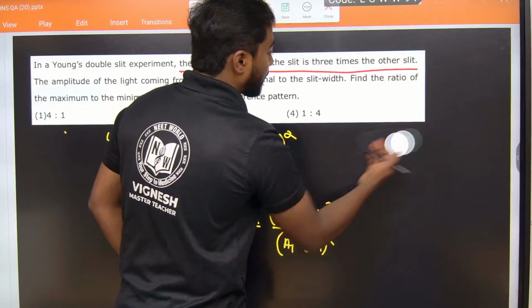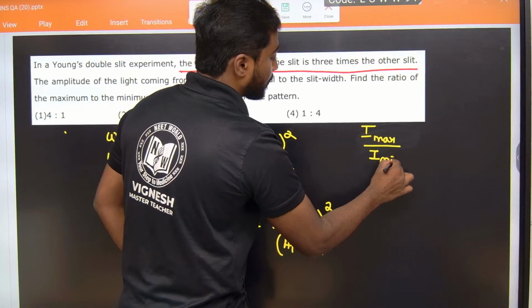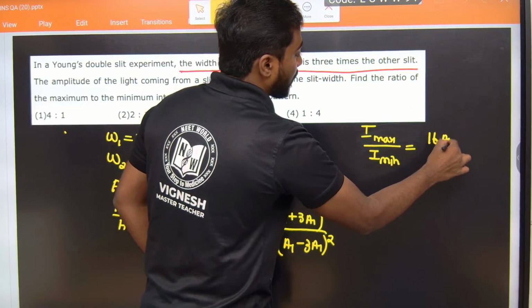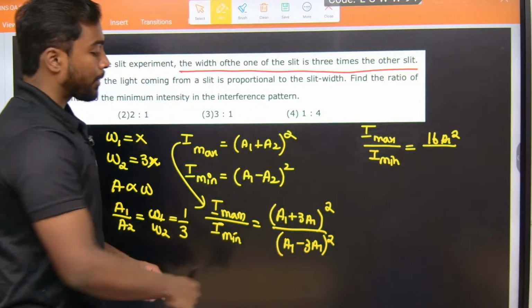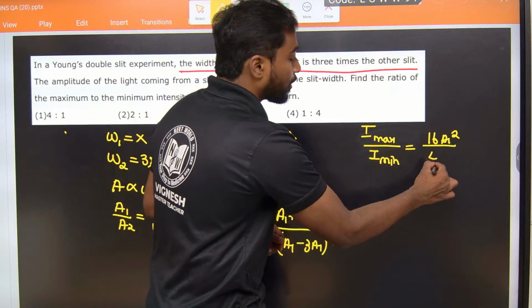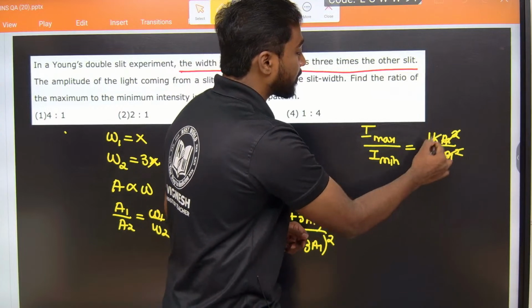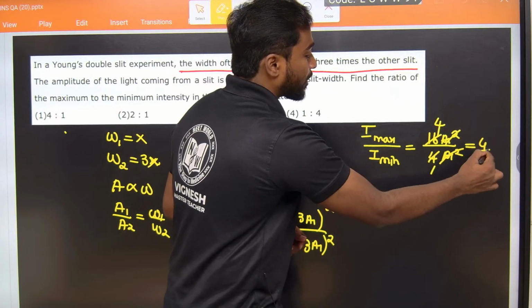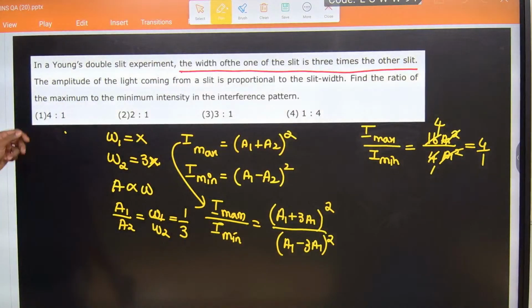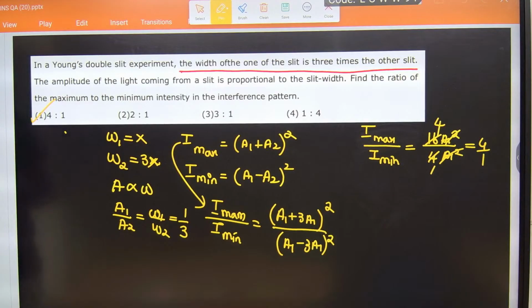A1 minus 3A1 is minus 2A1, power 2 is 4A1 square. A1 square gets cancelled, and this is 16 and this is 4, so the answer is 4:1. So option 1 is the answer.